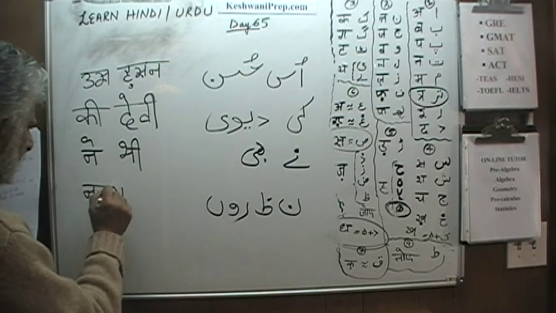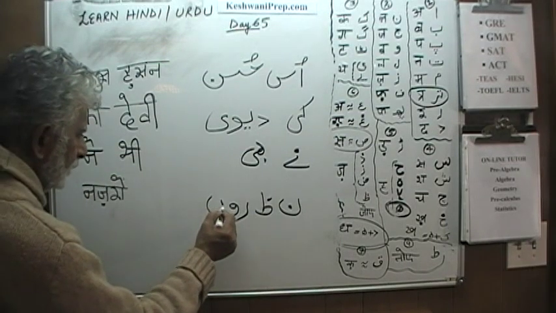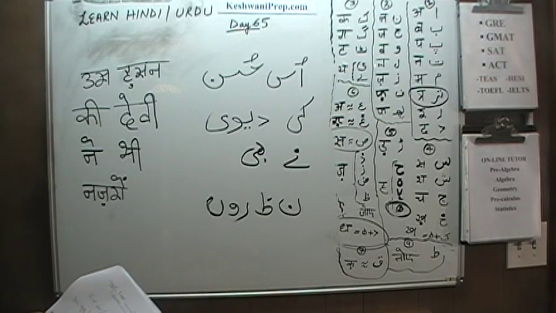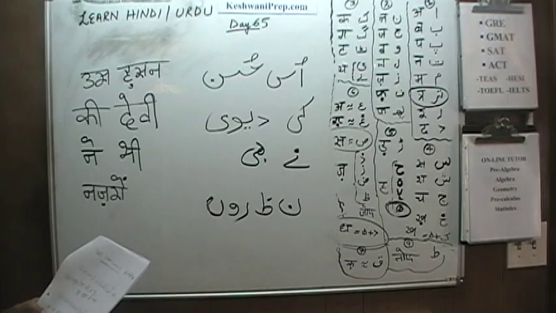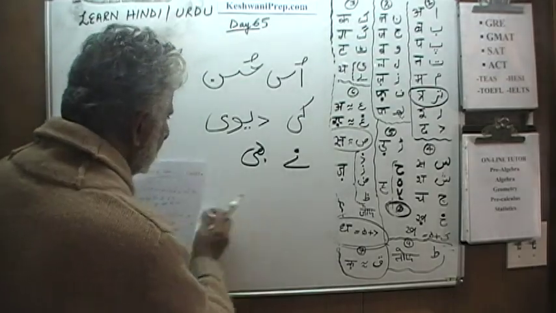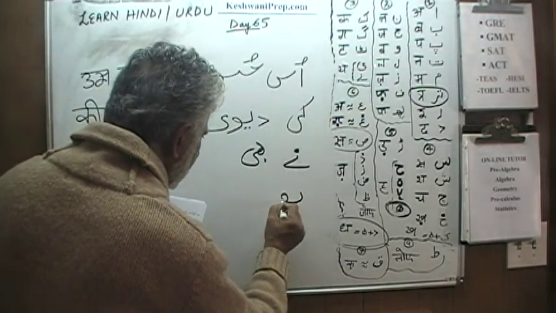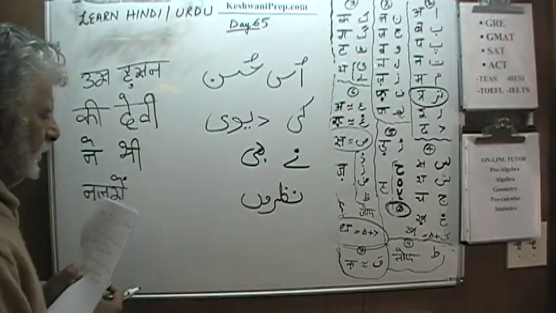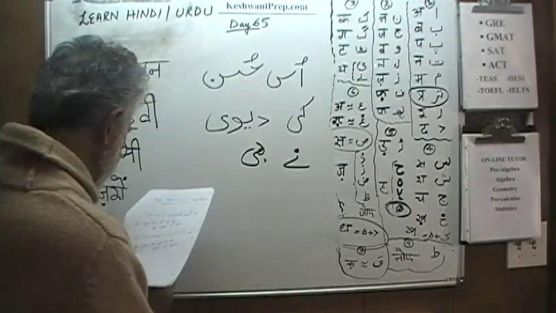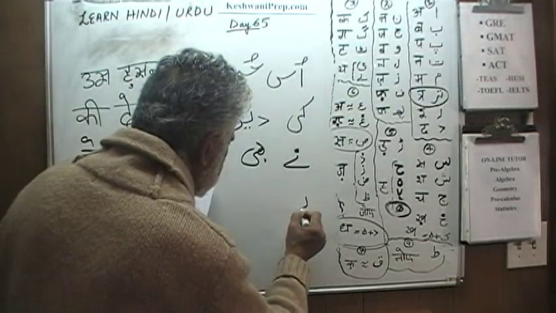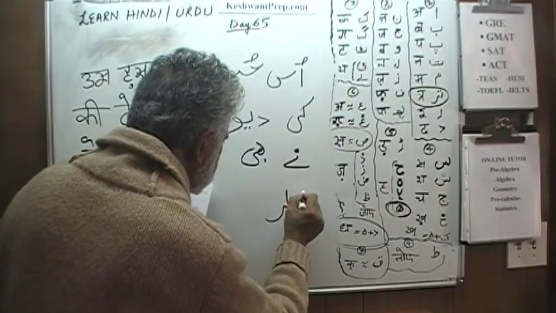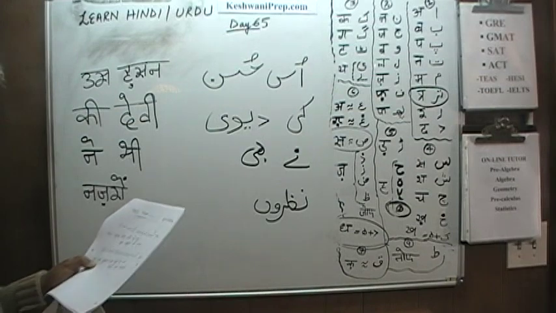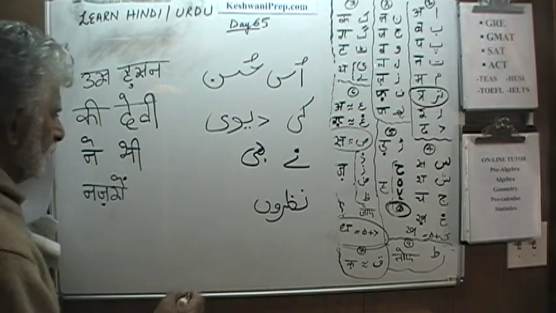Naz, ron, and then we have a noon ghunna, so we put a dot on top of it. Nazron. Us husn ki Devi ne bhi nazron. Let's put it together. Let me rewrite it. Nazron. Us husn ki Devi ne bhi nazron ko.